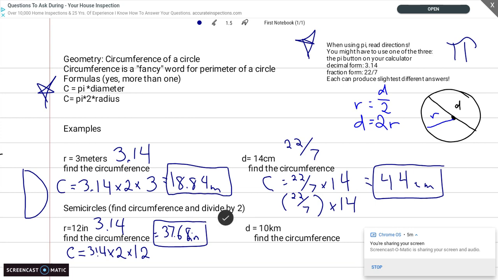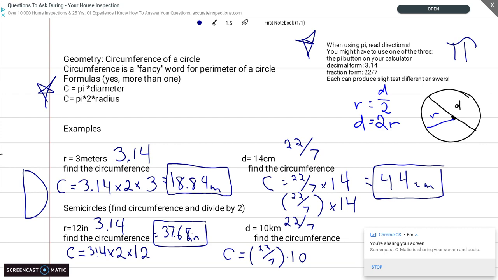And the last one, we have a large circle now. My diameter is 10 kilometers. That's a big circle. You want to find the circumference of this semicircle. Because I'm given a diameter, I'm going to use the diameter formula, and I'm going to use 22 over 7 for pi. So 22 over 7, that's pi, times my diameter, which is 10. Off screen, 22 divided by 7 equals my big long decimal, times 10.